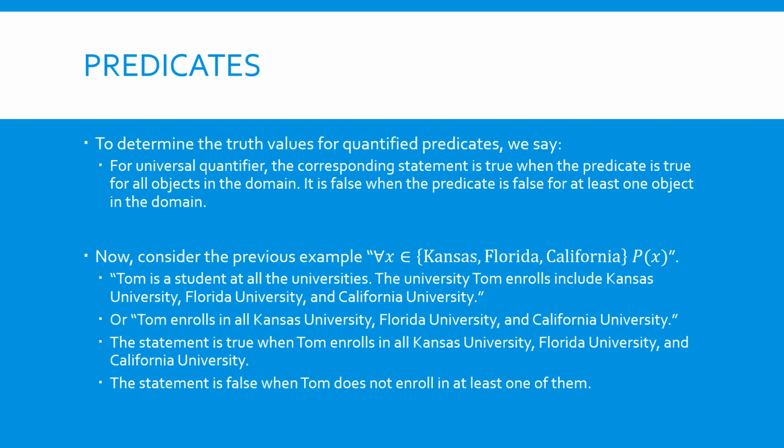It is false when at least one of the elements in the domain makes the predicate false. For example, consider the universal statement that Tom enrolls in all of Kansas University, Florida University, and California University. The statement is true when Tom indeed enrolls in all three universities. It is false when Tom does not enroll in any one of them.